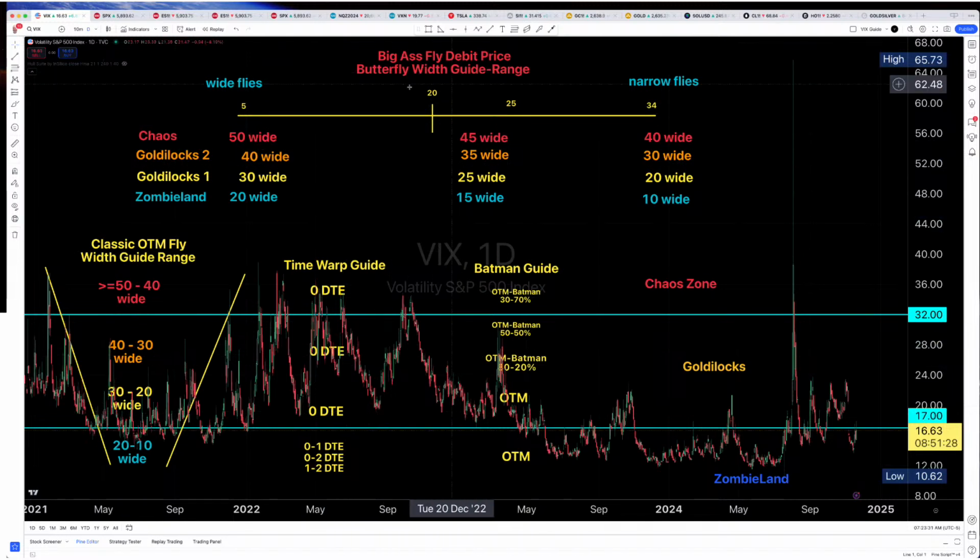We want to determine our width. That's the big picture volatility. That's what I call the volatility regime. As you go lower in volatility, we want to constrain our butterfly widths to accommodate the accelerated premium decay and the extra gamma risk.